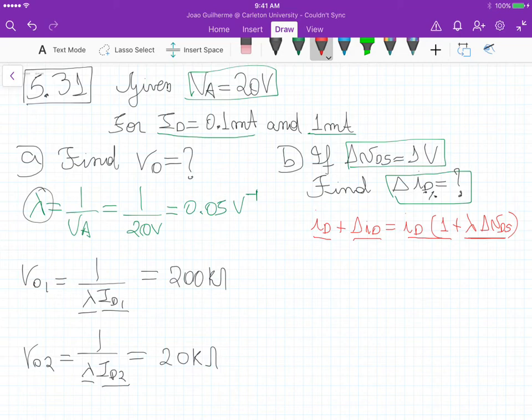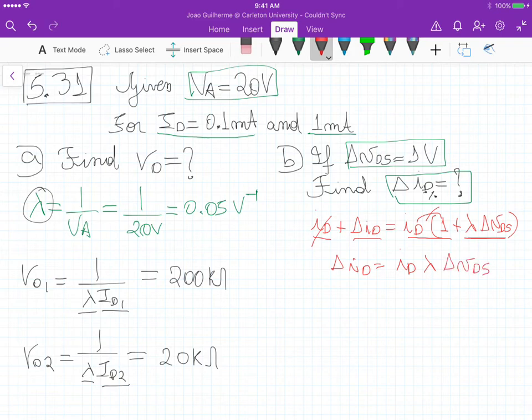So if we isolate the terms here, this ID will cancel with this ID, and we are left with the change in ID equal to ID times lambda, the channel modulation parameter, times the change in VDS.